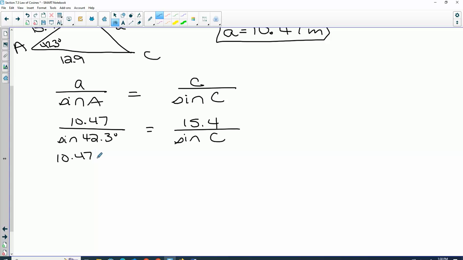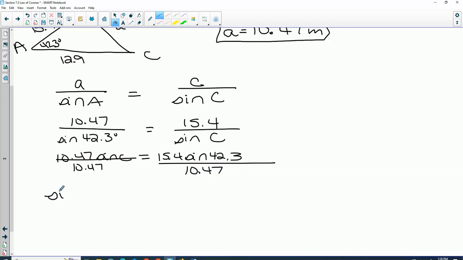Cross multiply. Divide. So we get the sine of angle C equals 0.98991.